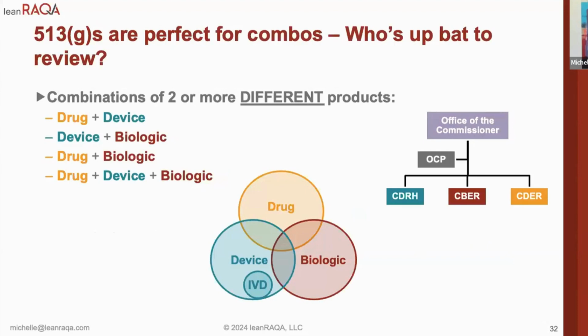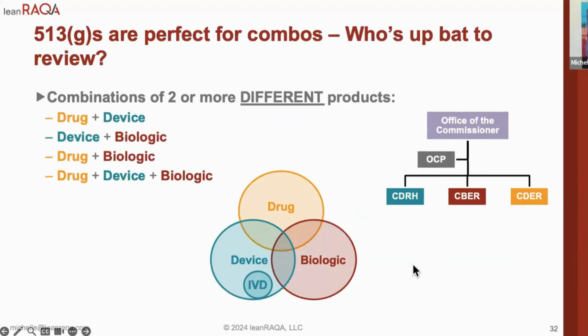513Gs are also perfect for combination products, where you might have a drug and device, device and biologic, or the trifecta: drug, device, and a biologic. In this case, it is going to go through the OCP for them to determine who is going to be the lead reviewer.